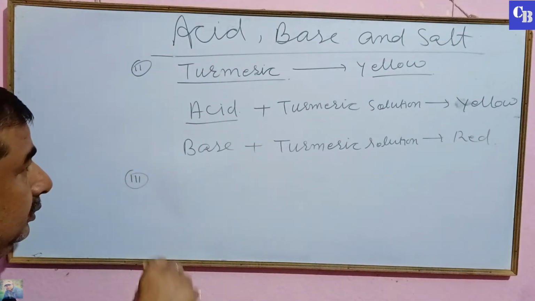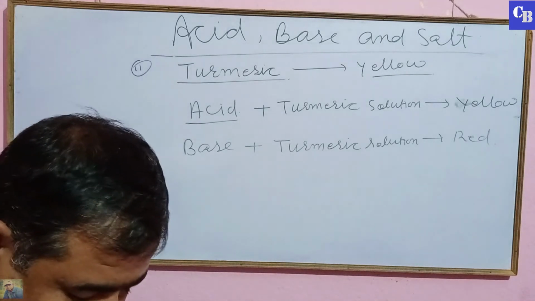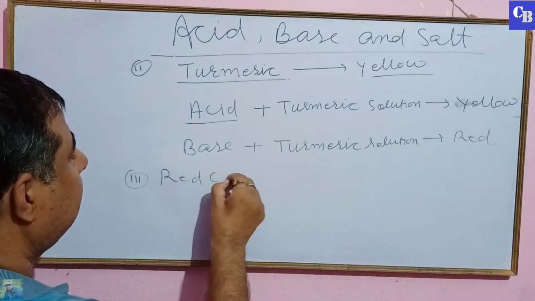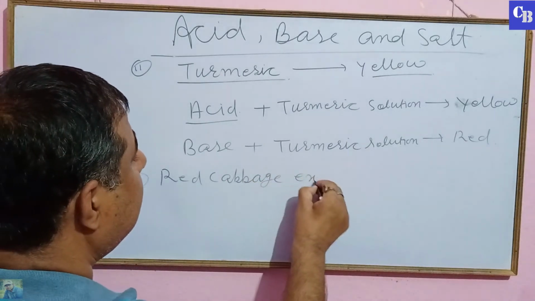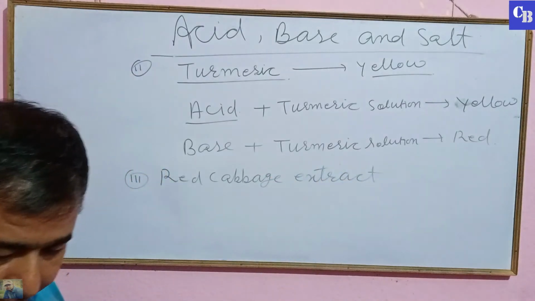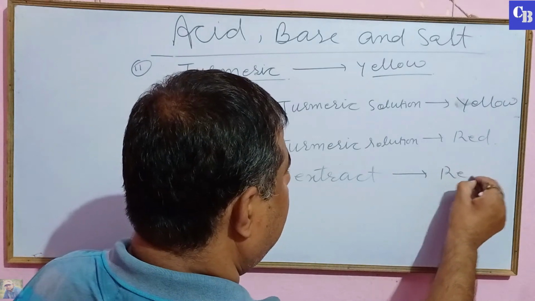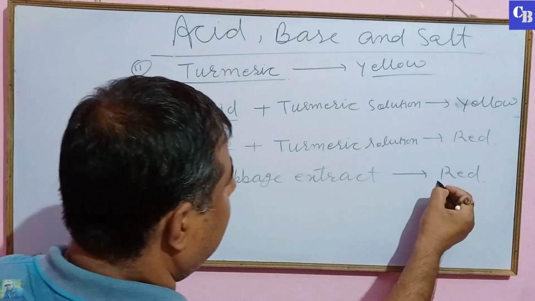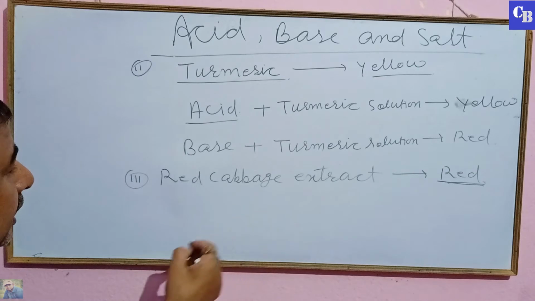The third natural indicator is red cabbage extract. Red cabbage extract is red in color.